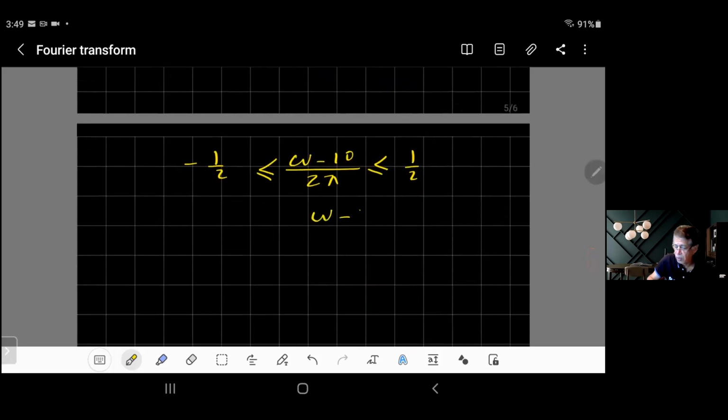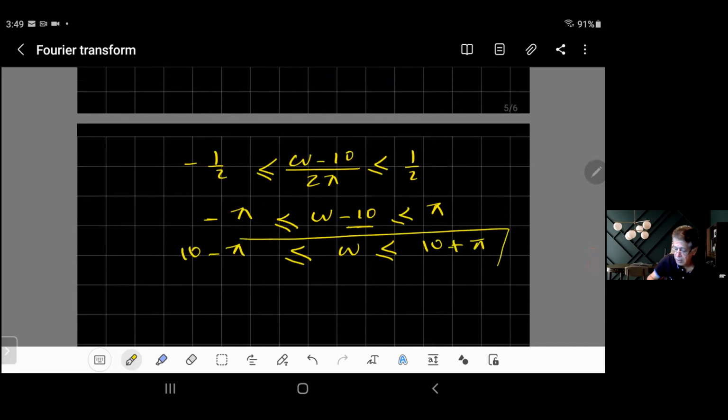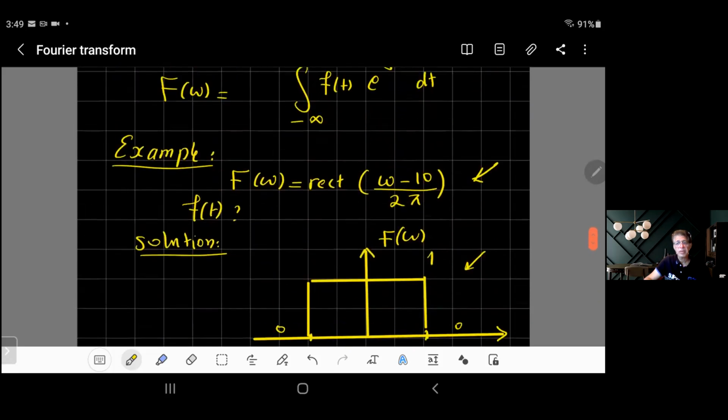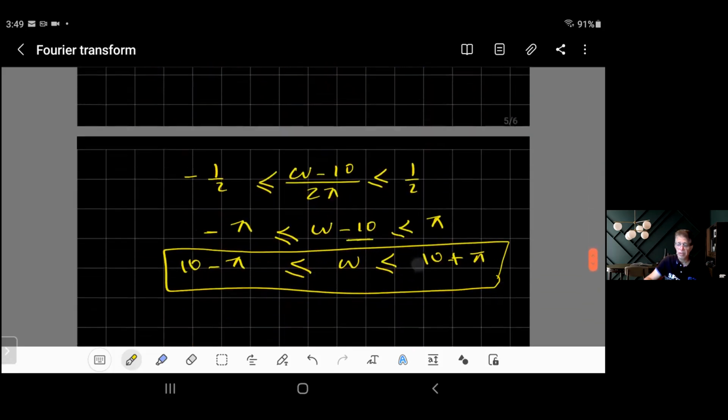So what's left? Omega minus 10. If you multiply by 2 pi, you have minus pi, pi. And then you add 10 to both sides, so you get omega only. So you have 10 minus pi to 10 plus pi. So we got the limit for the function given in the problem, and we adapted it to the standard rectangular form.